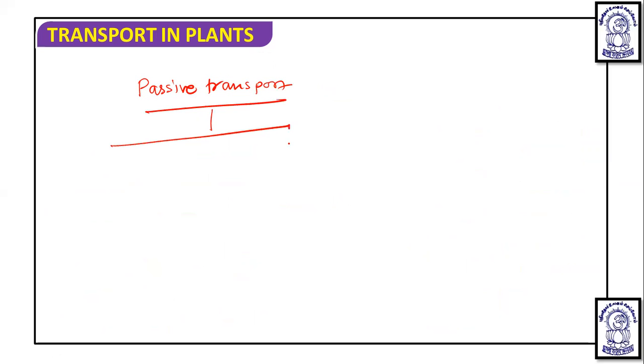Now we remember, passive transport is further divided into two types, that is diffusion and facilitated diffusion.